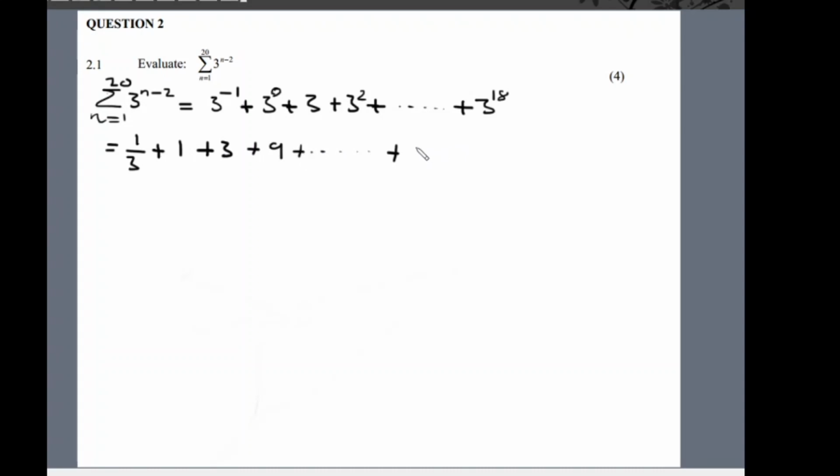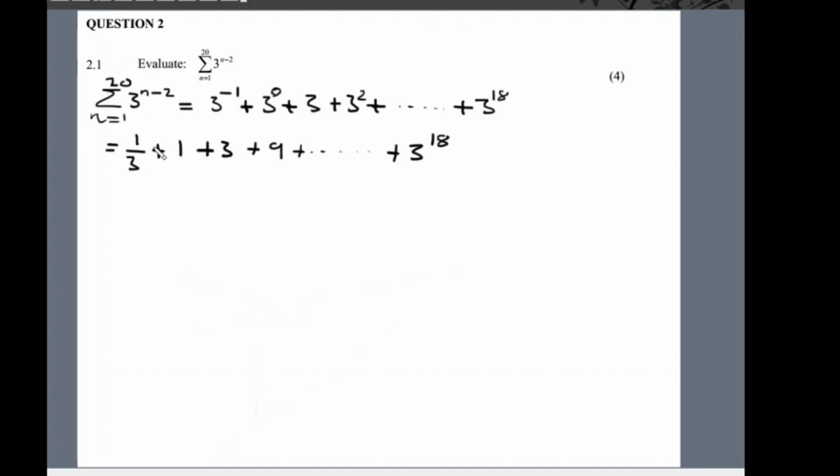So now we have a series, because we are adding terms here. We have to determine what type of series this is: is it a geometric series or an arithmetic series?